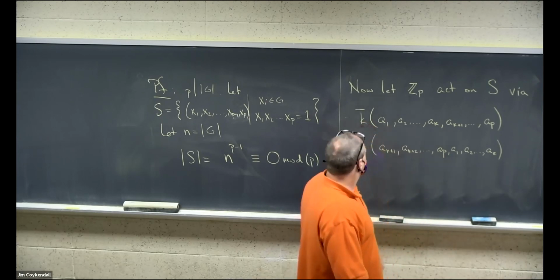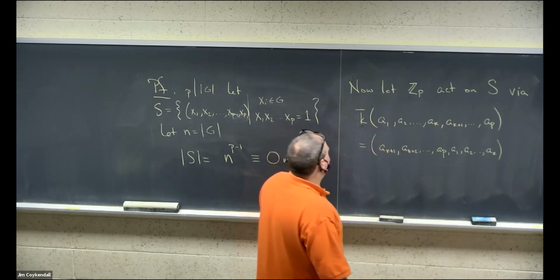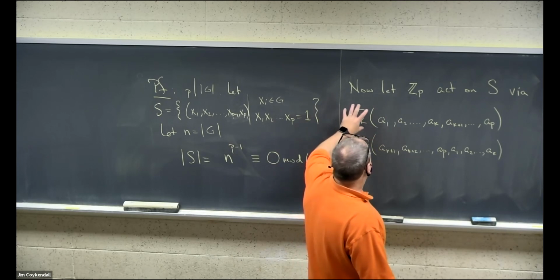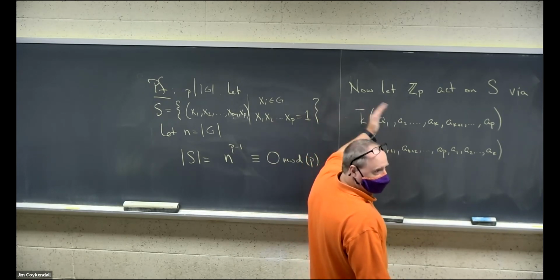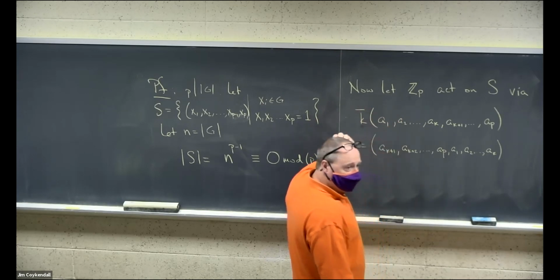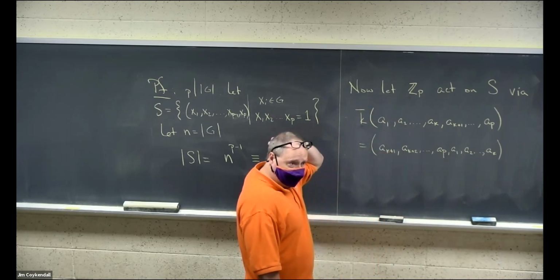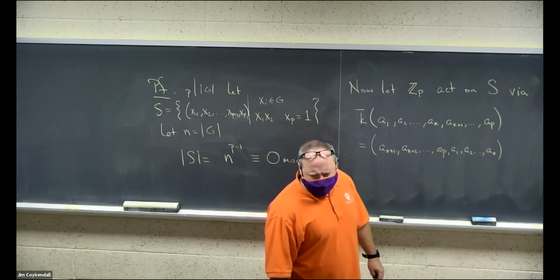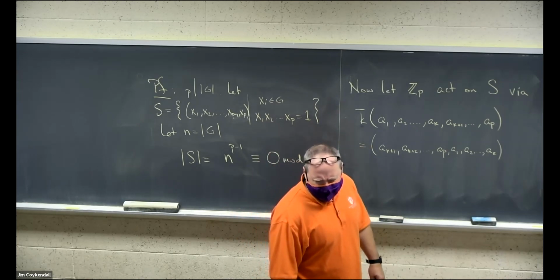Everybody okay with that? It's pretty easy to see that if k bar is a bar plus b bar, then shifting by a and then by b is the same as shifting by a plus b. Everybody okay? This is a group action. So there's your group action here.